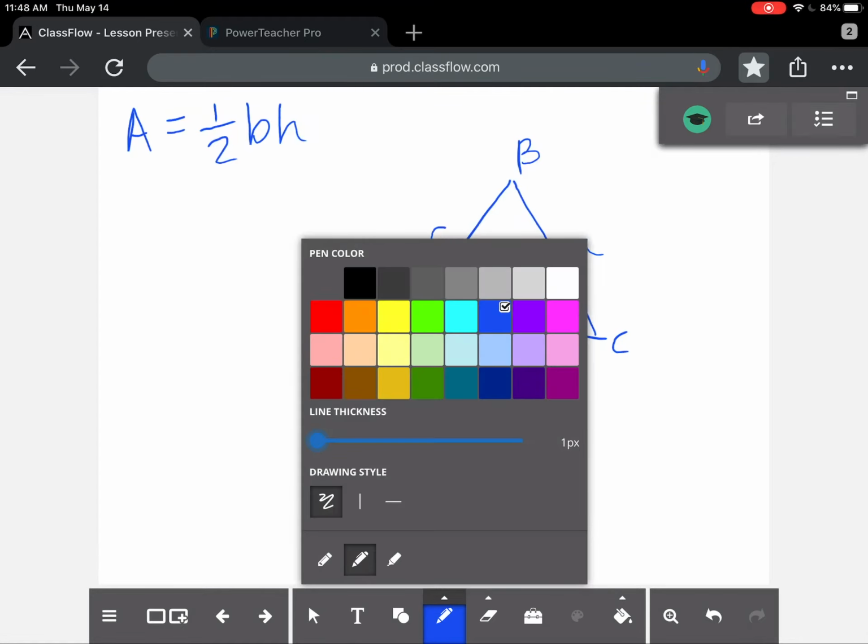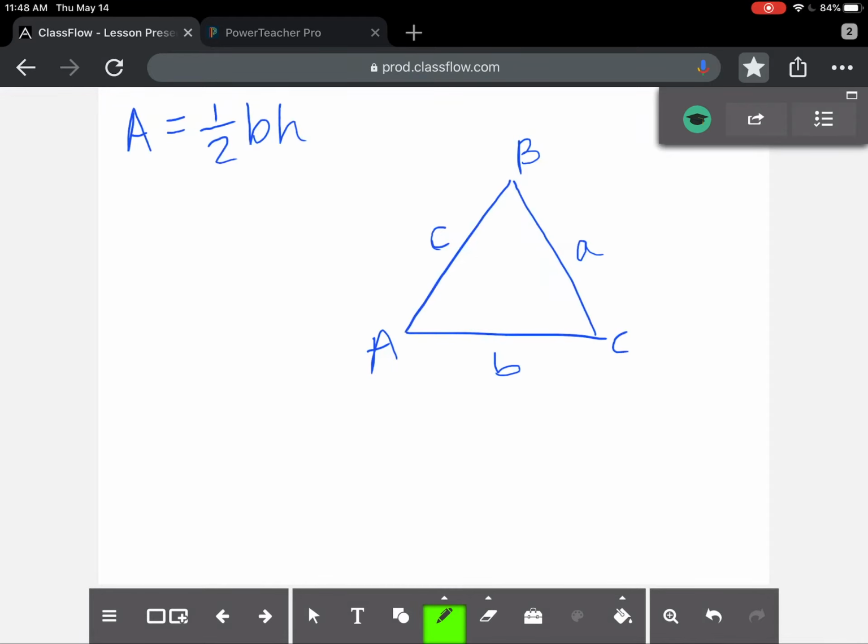If you've got triangle ABC, and remember, this is side length B, this is side length A, and this is side length C. The height of the triangle can be from any vertex, or vertice.